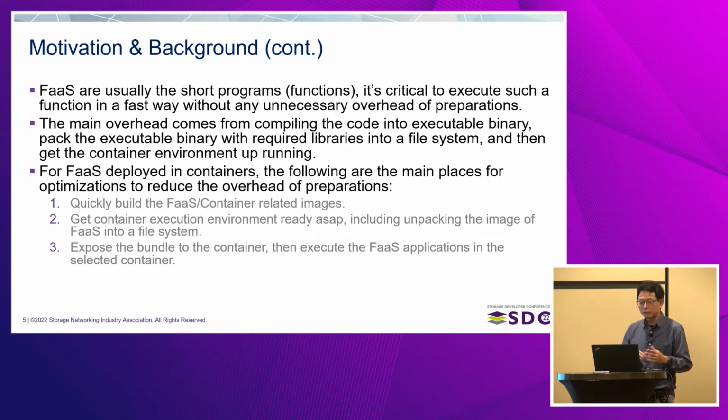So basically, the preparation overhead comes from a few places. First, you need to build the container image very quickly and get the execution environment ready. This means that if you download a container image, you now need to unpack the image into a file system as quickly as possible, and also expose that file system and bundle to the container, so the host can start to run that function as a service application in the right container.